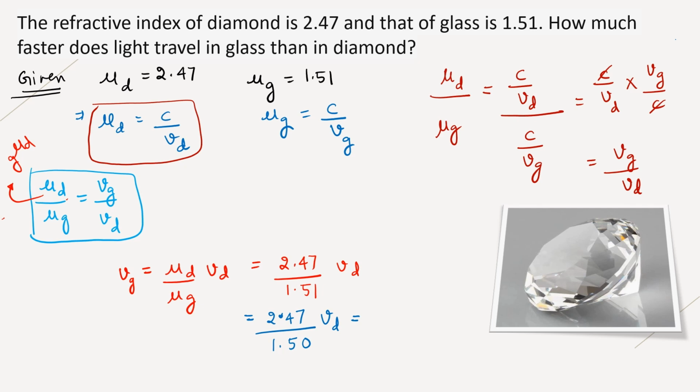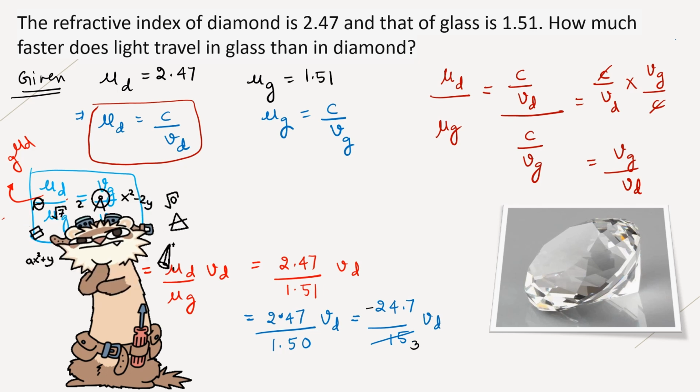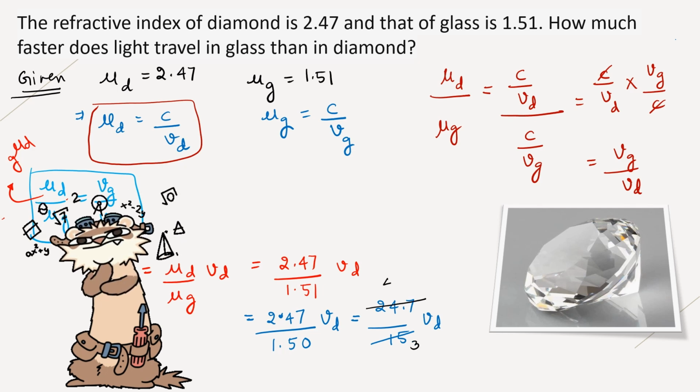Now let us remove the decimal points. So we will get 24.7 divided by 15 into Vd. If you are feeling difficulty in this, do it in the normal way, normal division with 1.51. So let's cancel it with the 5 table. 5 3s are 15, 5 4s are 20, remainder 4.47. 4 9s are 45.